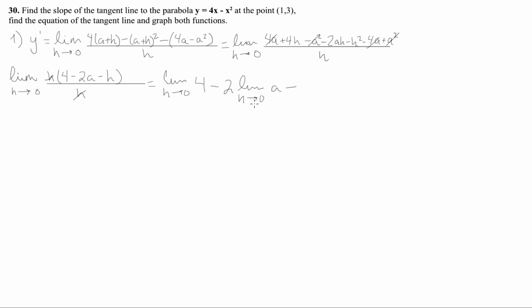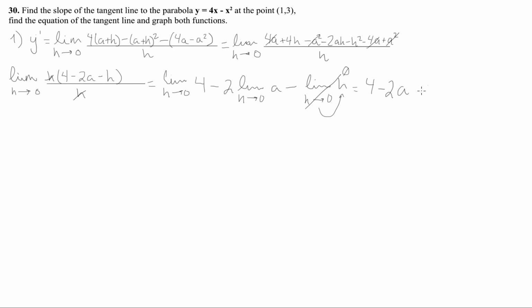Sorry, this is the term where we are going to substitute our limit. We plug in this 0 here, so this term is going to cancel out. And then we are left with 4 minus 2a.